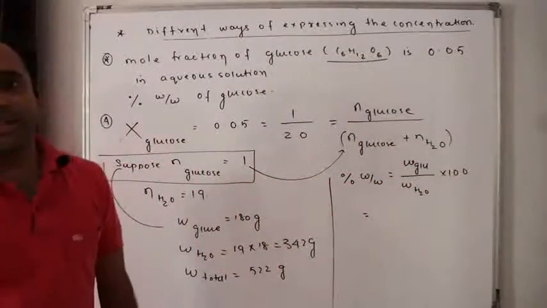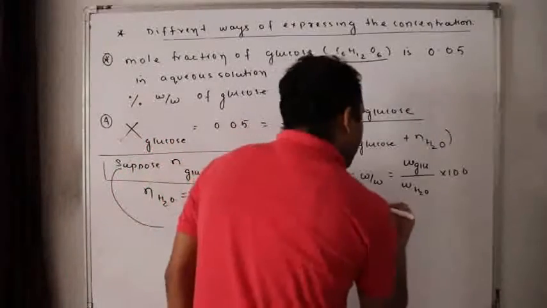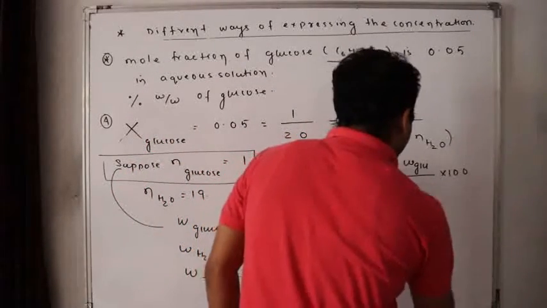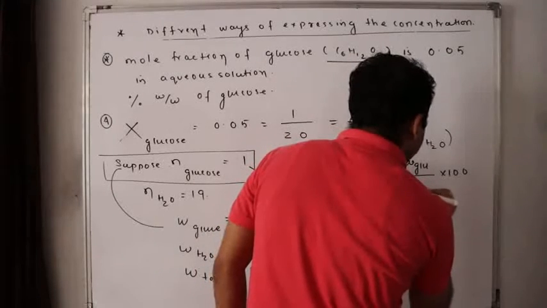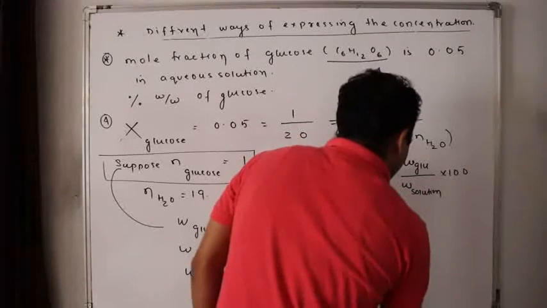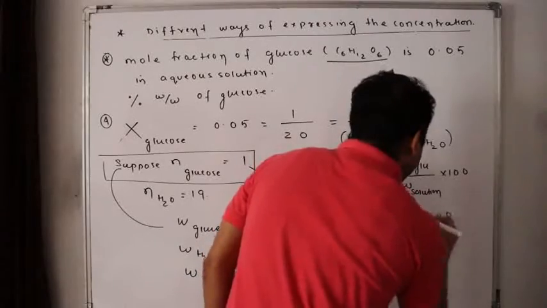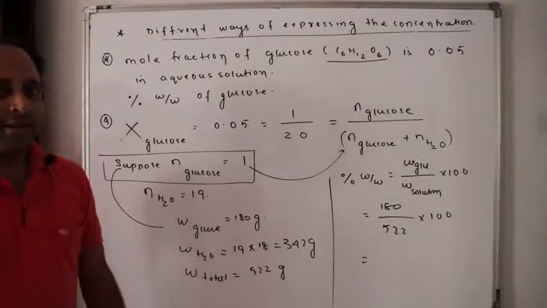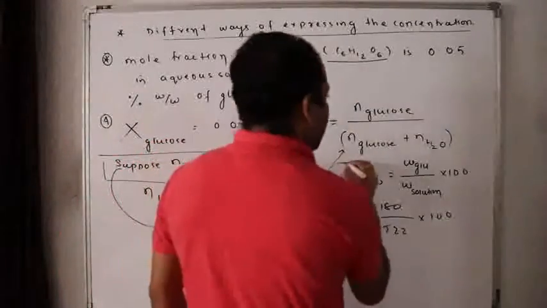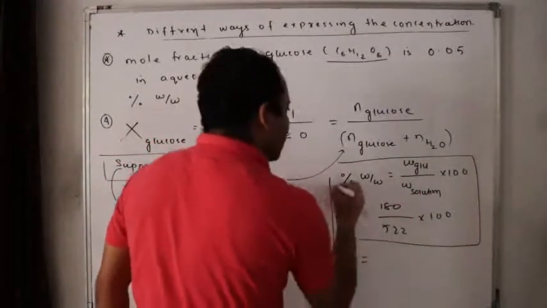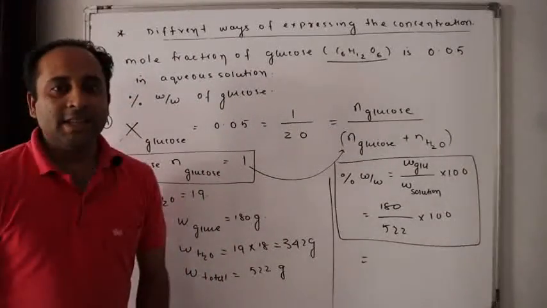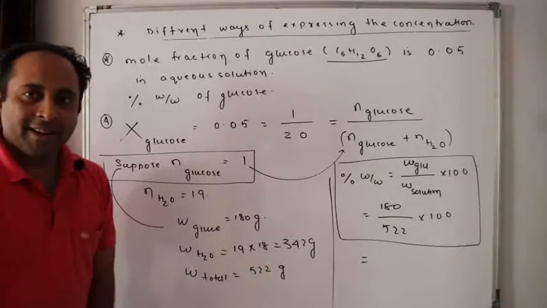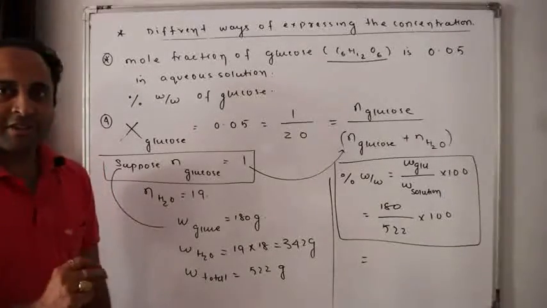So this is 180 by 522 into 100, isn't it? This will be the percentage by weight. Please do calculate. Did you understand this concept very well? Can I go for the next concept?